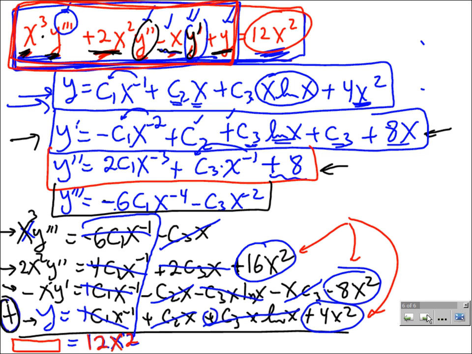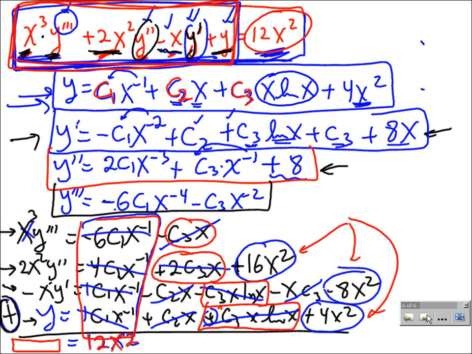So no matter what C1, C2, and C3 are, it'll work. Why? Because, for example, no matter what C1 was, all the terms that had C1 canceled. And no matter what C3 was, those 2 terms and these 2 terms canceled.